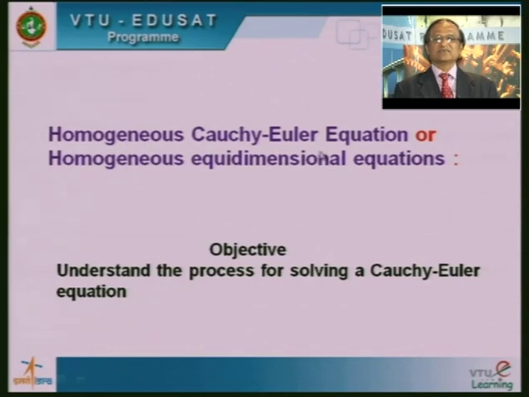Here Cauchy is a name, Euler is also a name, right. Sometimes we may call it Cauchy-Euler equation, sometimes homogeneous equidimensional equations. Is it clear? Right. So, here understand the process for solving a Cauchy-Euler equation is the objective. Is it clear? Okay. They have given a Cauchy-Euler equation.